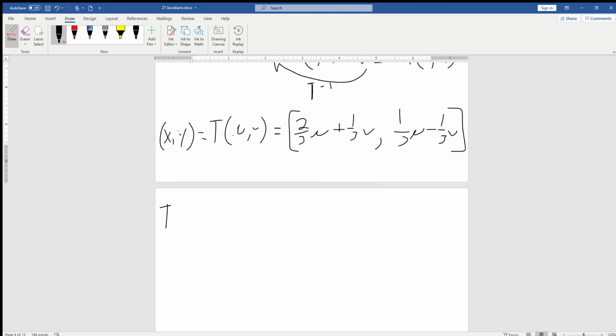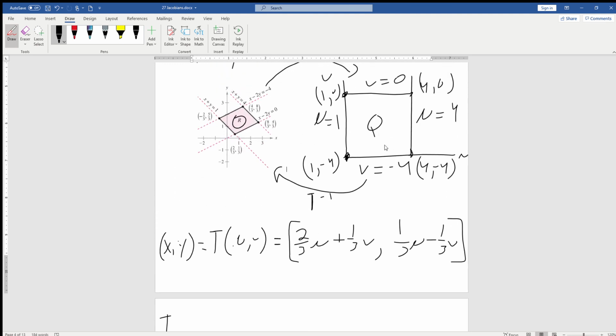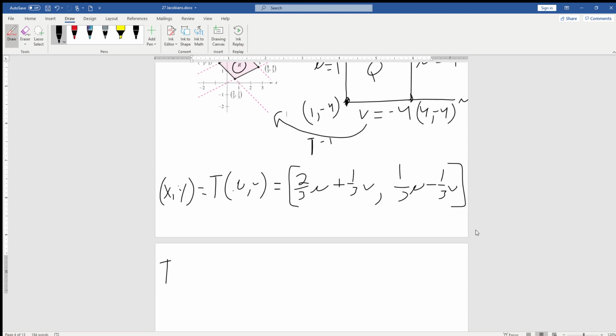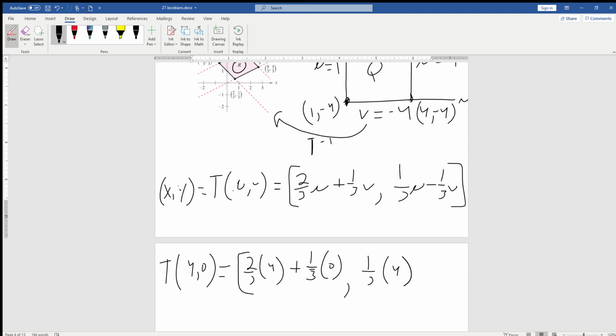Let's say for some reason I wanted to find, let's just pick one at random, let's say 4, 0. So T at 4, 0, and let's see what that equals. So that would be 2/3 of 4 plus 1/3 of 0, and then it will be 1/3 of 4 minus 1/3 of 0.